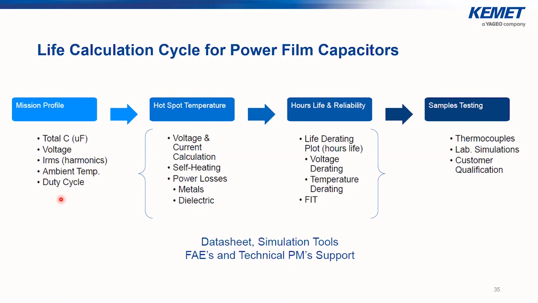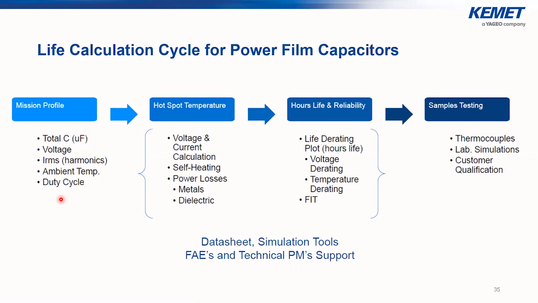But in general, when we talk about compliance of the DC-Link capacitor with an application, we generally talk about the emission profile. And generally, we receive the emission profile from our customers with the maximum information that is needed on the capacitance, voltage, the RMS current flowing inside the capacitor, the harmonics, the temperature, duty cycles.